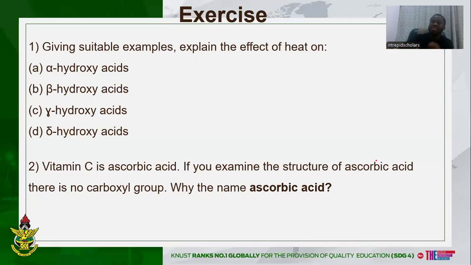There will be an equilibrium between the open chain and the cyclic one, that is, between the lactone and the open chain with the carboxylic acid and the hydroxyl group. So in solution, the carboxyl functional group is apparent.